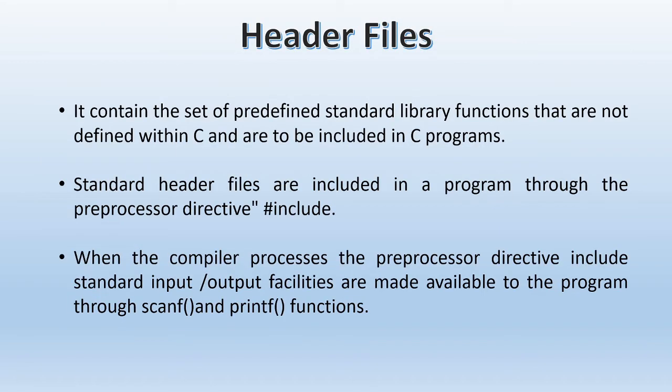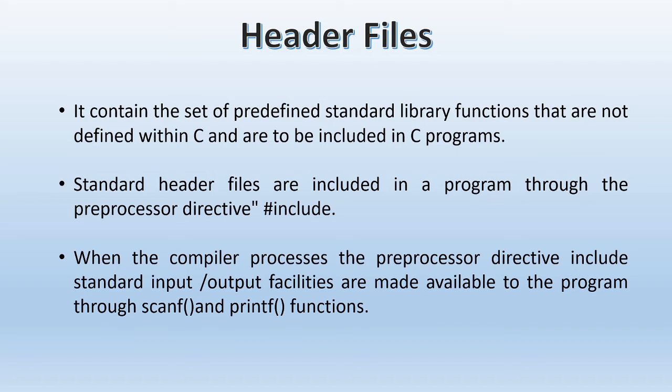Then I just said that these definitions are provided in a header file. So what are these header files? A header file contains a set of predefined standard library functions that are not defined within C and are to be included in a C program. They are included in your program with the help of the preprocessor directive #include.